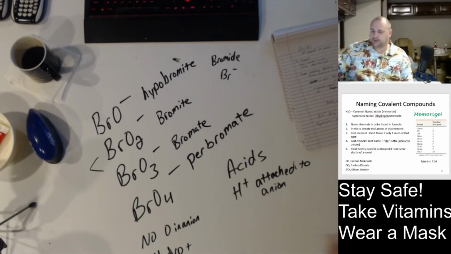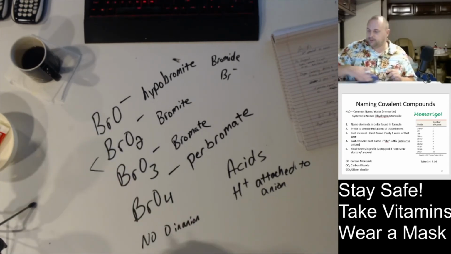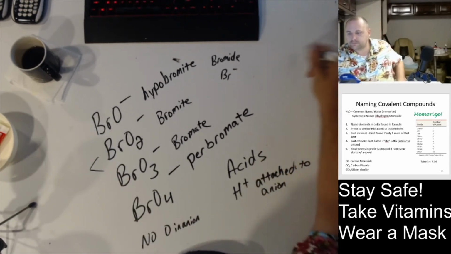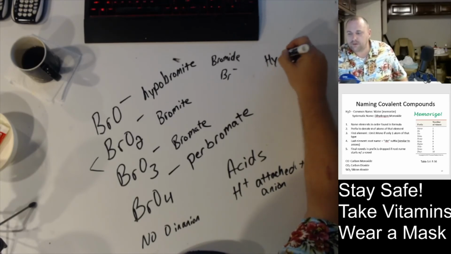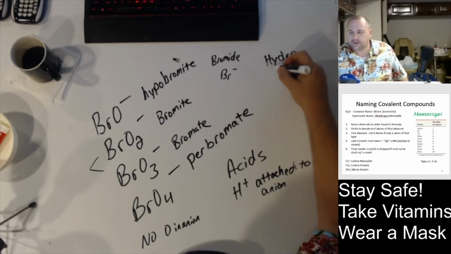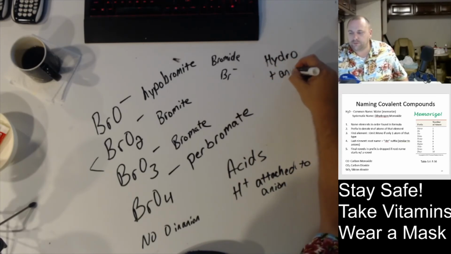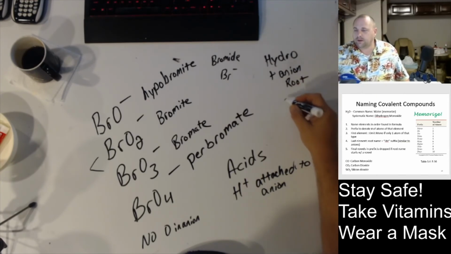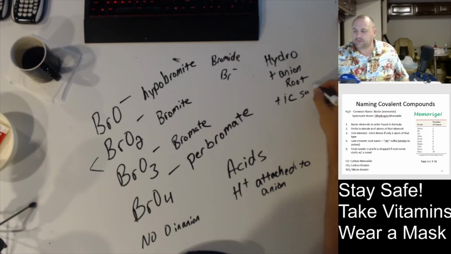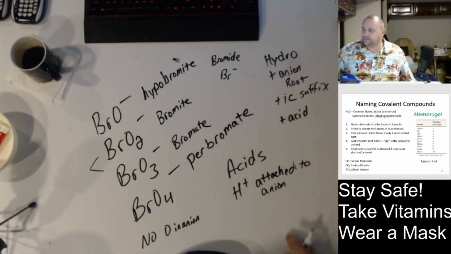Oh, you guys can't see that. Let me make some more room over here. So hydro, that's my prefix, plus the anion root, and then plus an ic suffix, and then plus acid as a separate word.